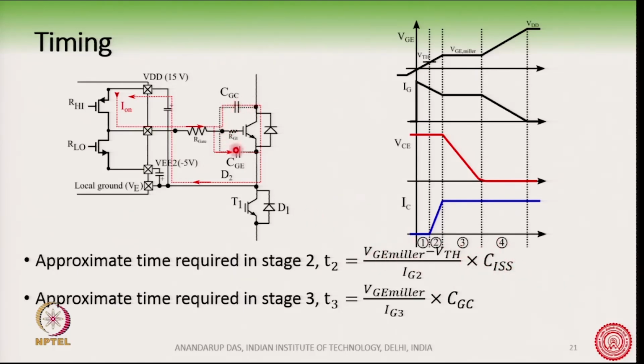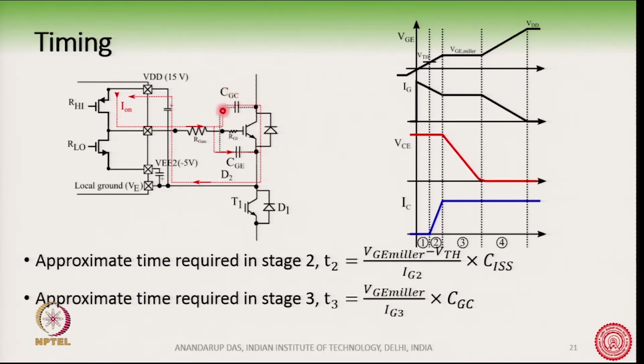This is the equivalent capacitance here, and the approximate time required in stage 3 is based on VG Miller, because in stage 3, as I told you, the entire charge is used in discharging the capacitor CGC.